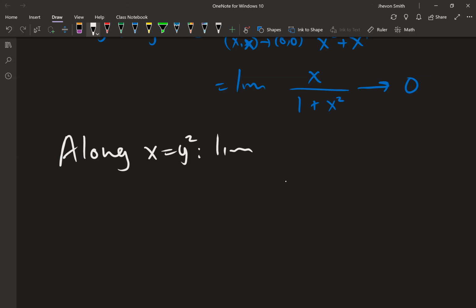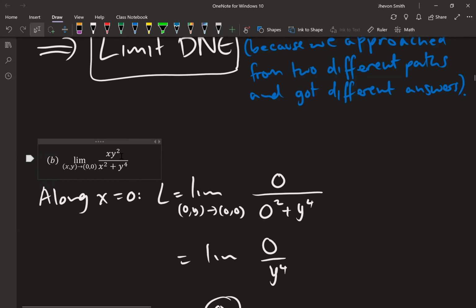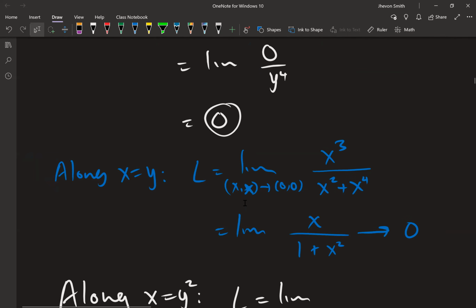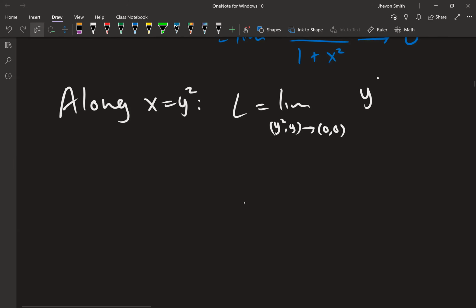Then my limit would look like (y squared, y) approaching (0, 0). Now, if I plug in x equals y squared, the top would become y to the 4th. The bottom would become y to the 4th plus y to the 4th.